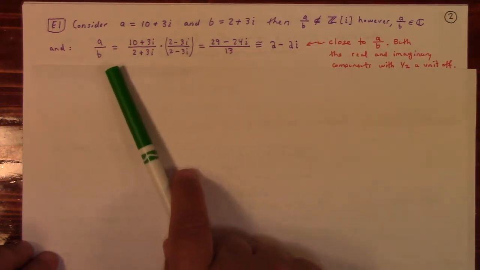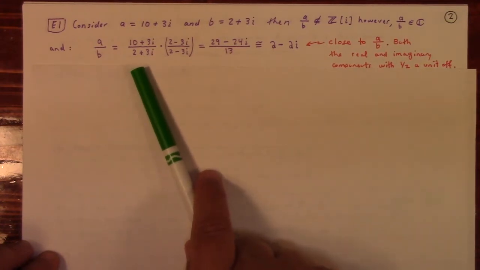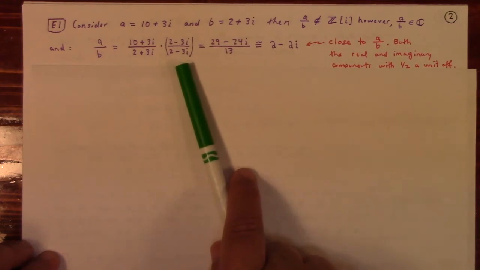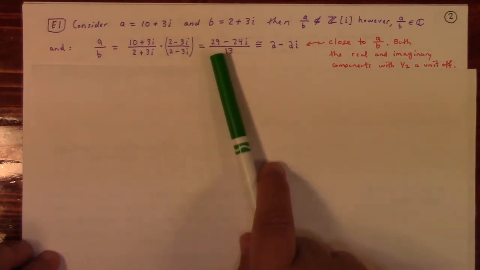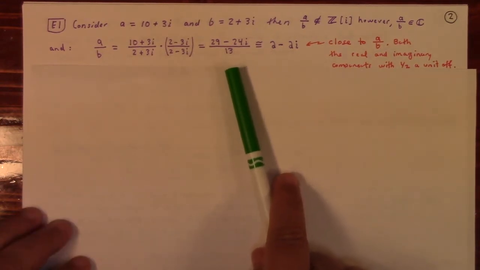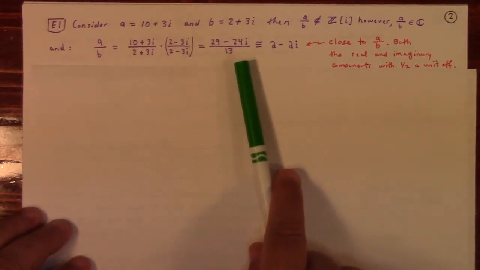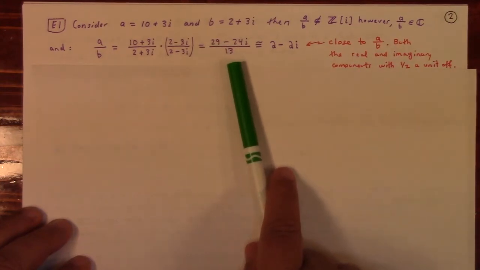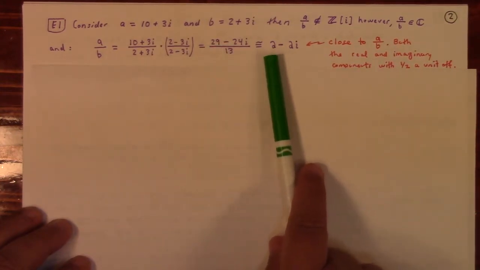So what I do is I calculate a over b as a complex number. I multiply by the conjugate as usual to rationalize it, and that gives me 29 over 13 minus 24i over 13. Then you want to pick a complex number which is as close to this as you can get. Now 29 over 13 is close to 26 over 13, which is 2.